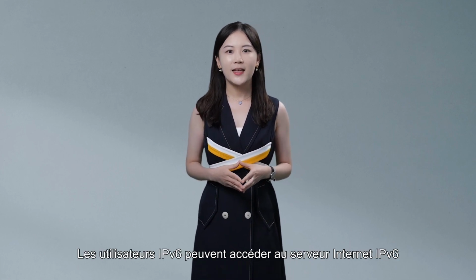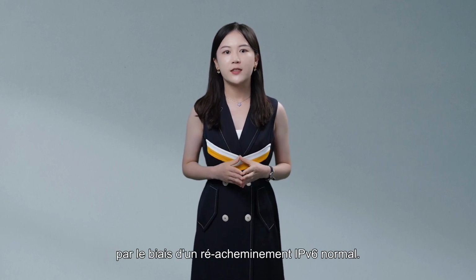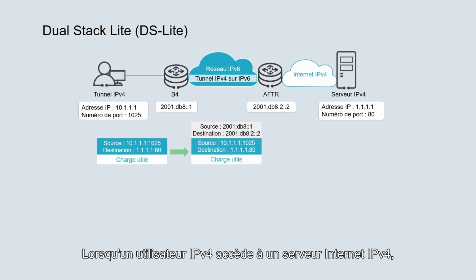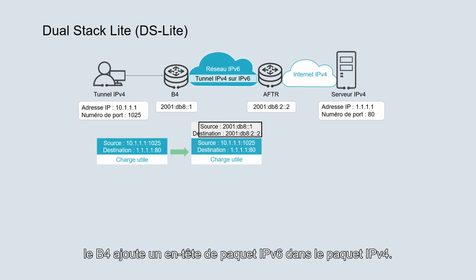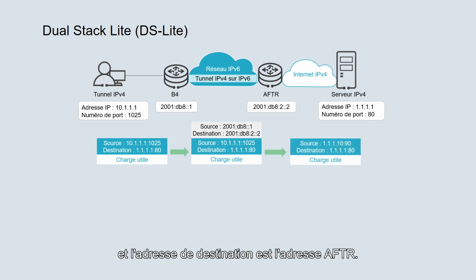IPv6 users can access the IPv6 internet server through normal IPv6 forwarding. When an IPv4 user accesses an IPv4 internet server, the B4 adds an IPv6 packet header to the IPv4 packet. The source address in the IPv6 packet header is the B4 address, and the destination address is the AFTR address.